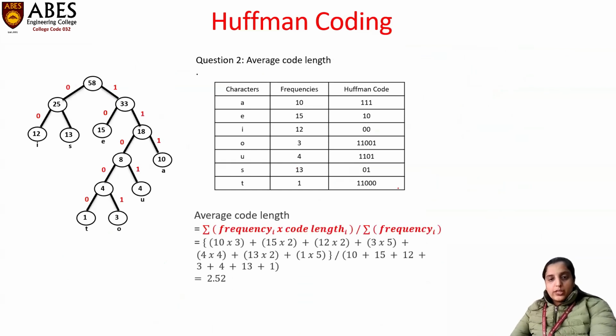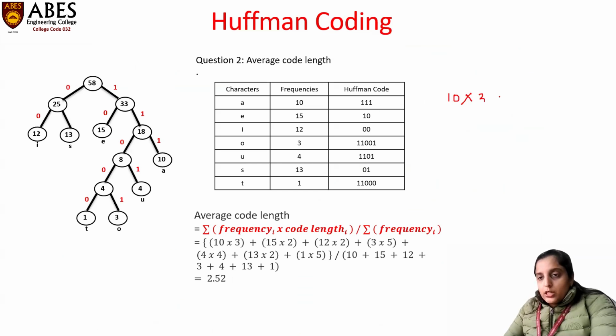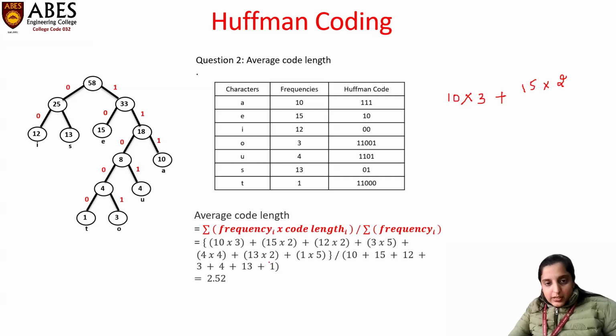For example, A is occurring 10 times in the message, and each time we are encoding it in 3 bits. So 10 into 3, plus the one occurring 15 times, and every time we are encoding it in 2 bits, so 15 into 2. Likewise, you have to do for all. As you can see here, I have done the same thing here. And after that, you will get 2.52. Average code length will be 2.52.